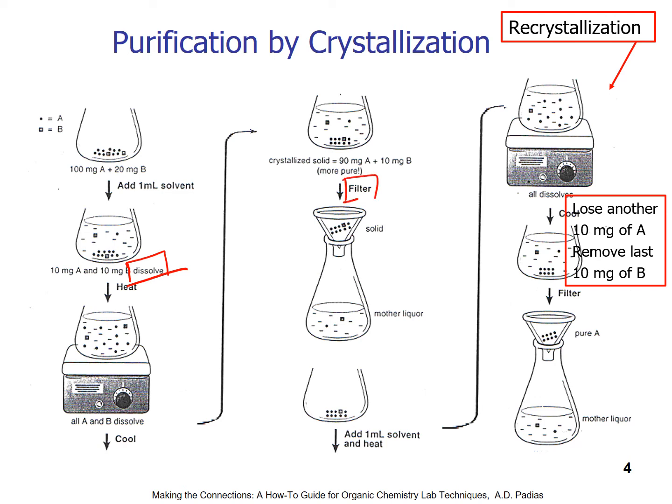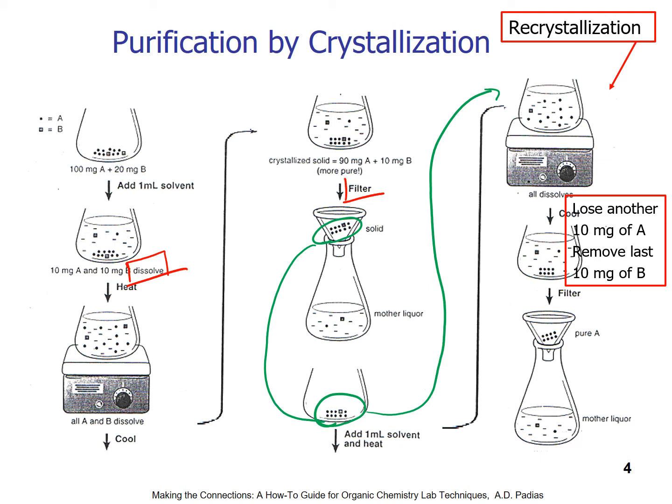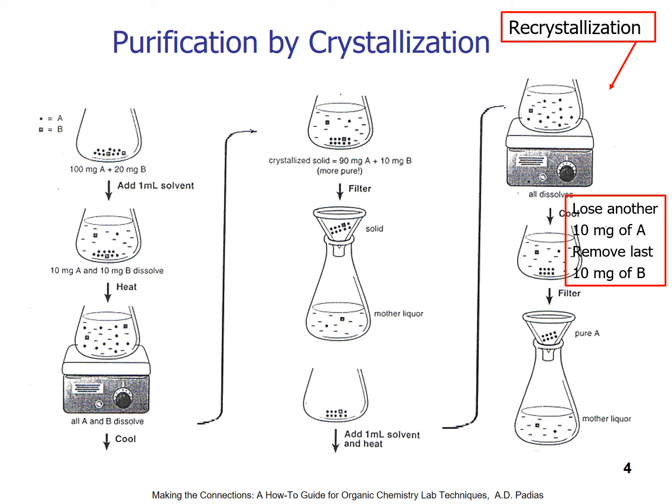We filter out that initial batch of crystals, and then if you look at the way this is drawn, that in green right there, we take that and put that back into our vessel to recrystallize. So we heat it back up again and cool it back down again. So it's a recrystallization. We heat and we cool and we heat and we cool. So hopefully this visualization helps you to make sense of what's going on with that.